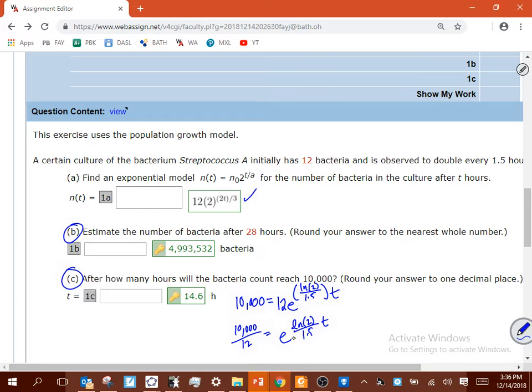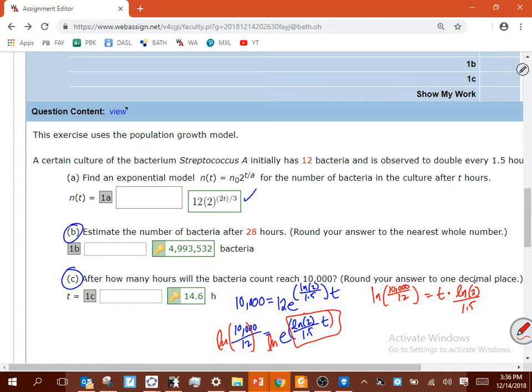So I want to get that variable out of that exponent, so I'm going to ln both sides. Taking ln of the left-hand side gives me ln of 10,000 over 12. Taking the ln of the right-hand side, this was the exponent, so it gives me T times ln of 2 over 1.5.